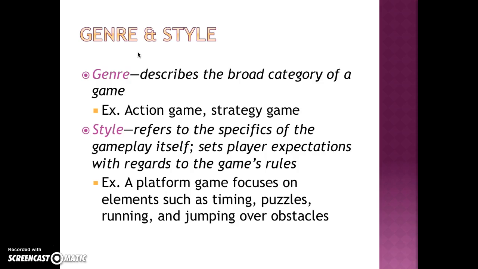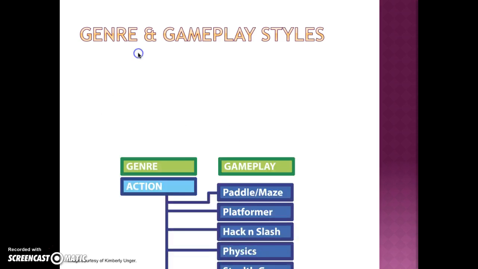For example, for a platform game, a player expects platformers to focus on elements such as timing, puzzles, running, jumping over obstacles, etc. So the style sets the player's expectations for how the game is going to be delivered. Each genre, and there's plenty as you can see, can have different gameplay styles. And we're going to take a further look into the different genres and gameplay styles.